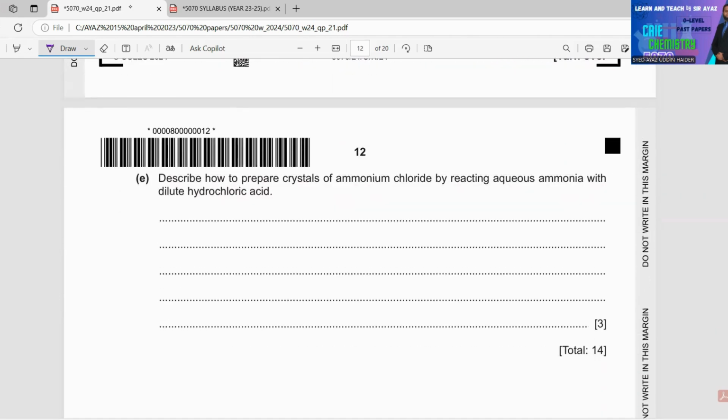Into the next part. Part E, describe how to prepare crystals of ammonium chloride by reacting aqueous ammonia with dilute hydrochloric acid. Now we want to make ammonium chloride by reacting aqueous ammonia with dilute hydrochloric acid. Ammonia is an alkali, and dilute hydrochloric acid is an acid. This is the reaction between a dilute acid and a weak alkali.